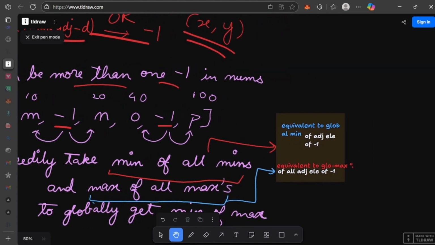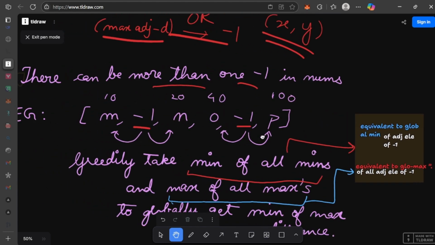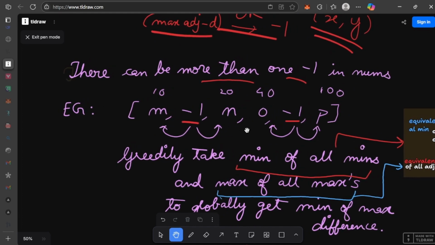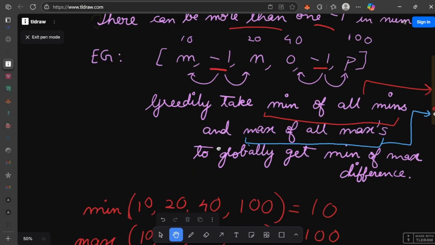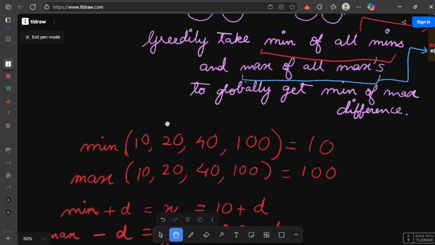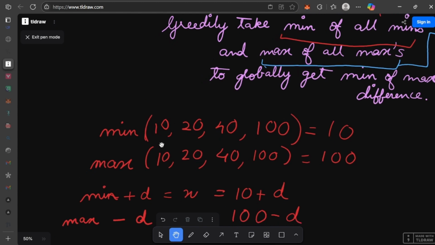Equivalent to the global min of adjacent elements of minus 1, of all adjacent elements of minus 1. Because I want the minimum of all max differences, I would choose the minimum of all minimums to get my minimum adjacent, and add d to that. That would make my global max difference minimum.